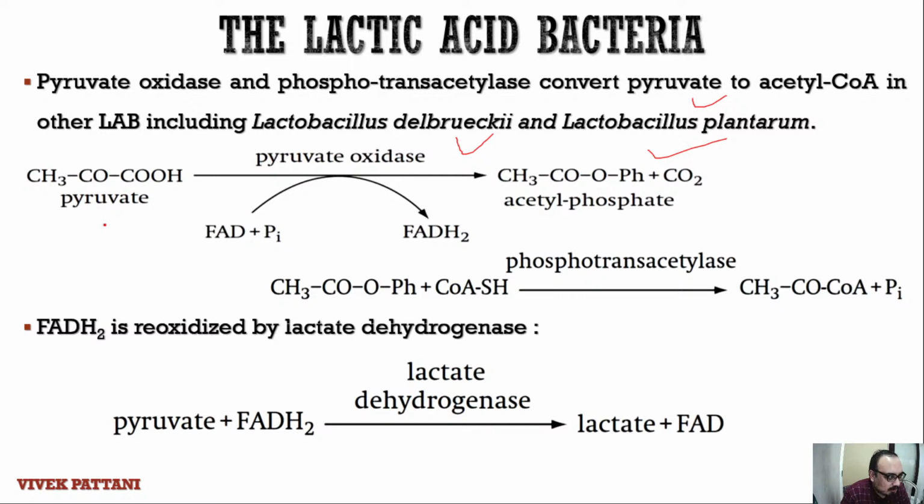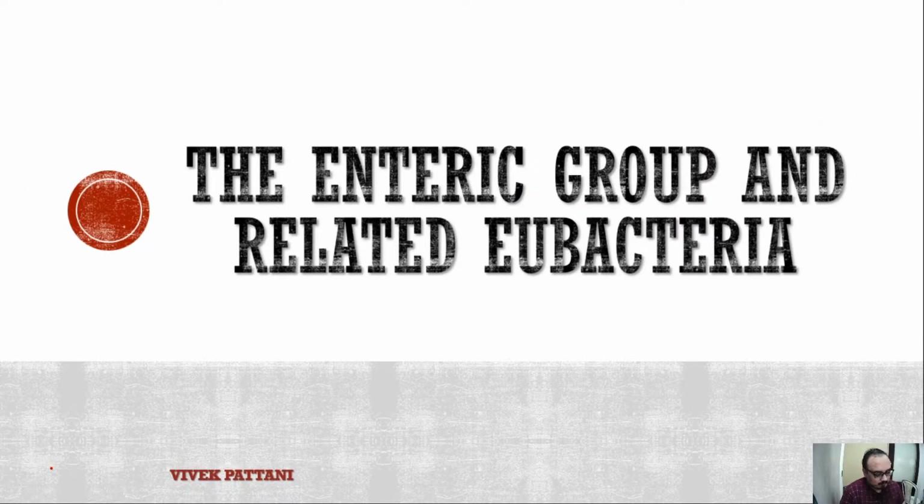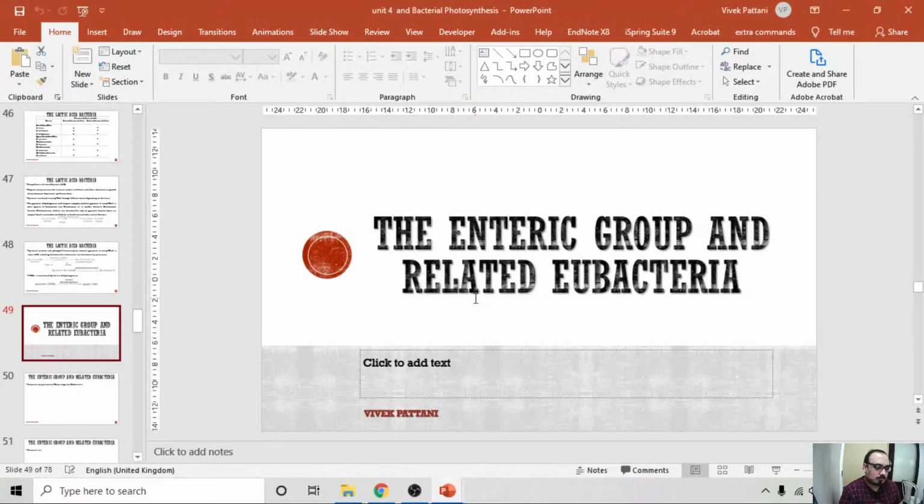In this case, pyruvate will be converted into acetyl phosphate in the presence of pyruvate oxidase, and this will be further converted to acetyl CoA. And in other cases, by the enzyme lactate dehydrogenase, pyruvate will be converted into lactate. So I am ending my lecture today.